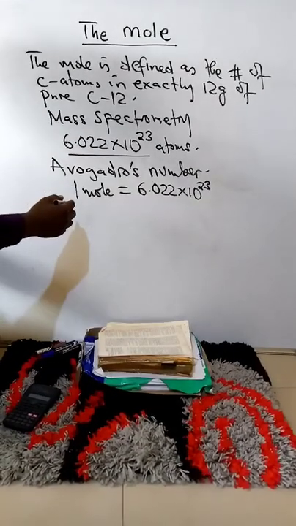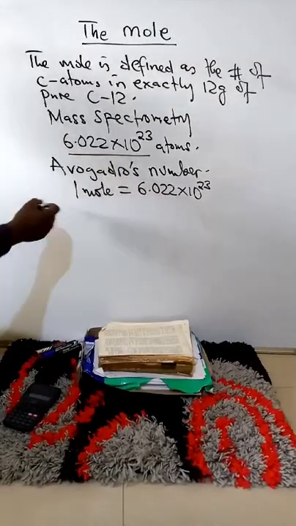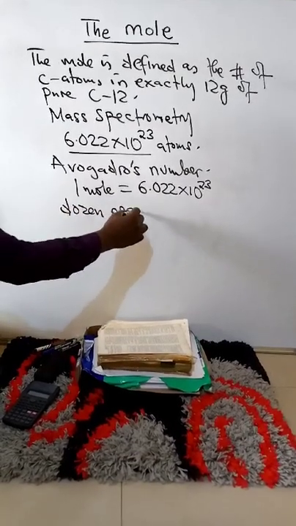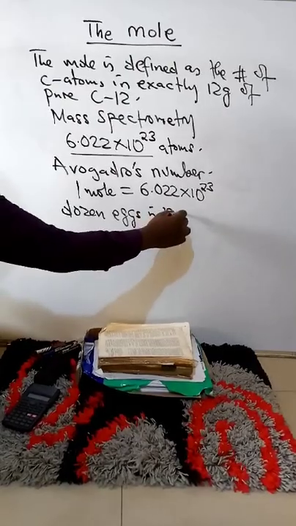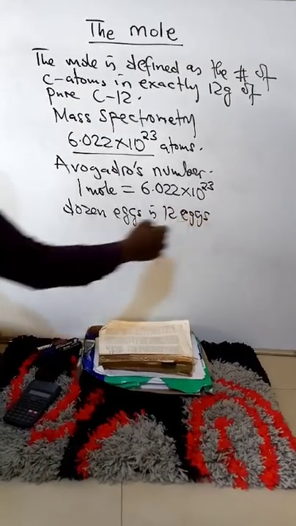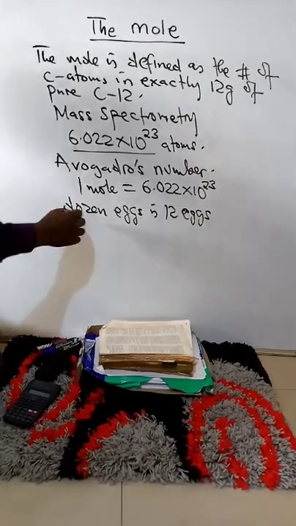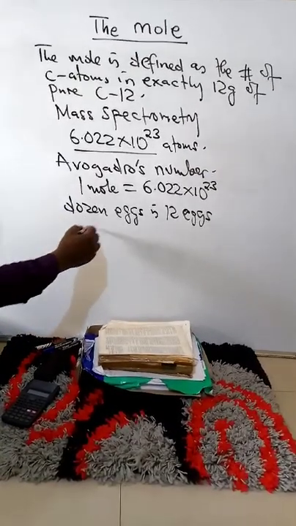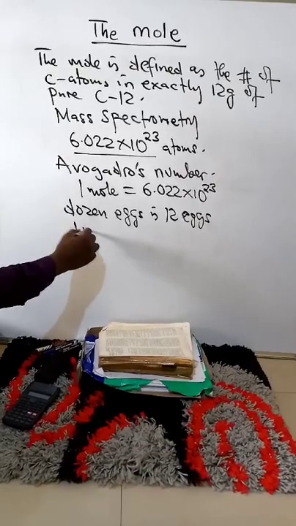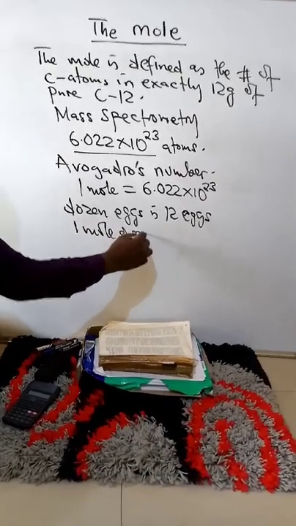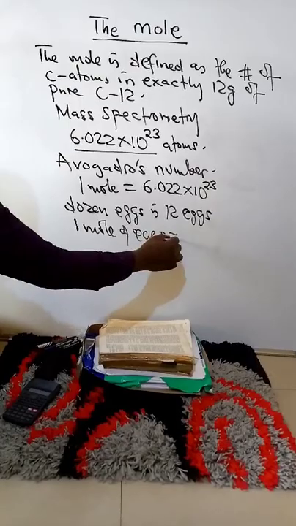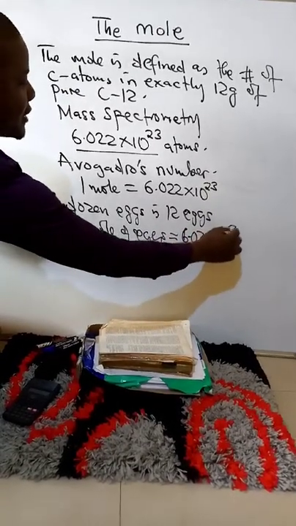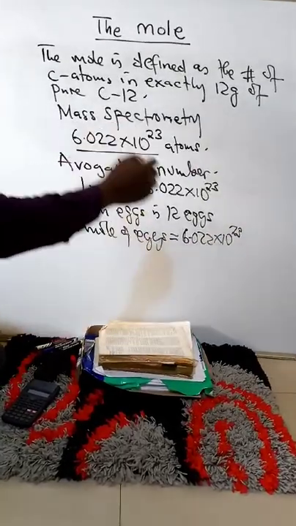Just as a dozen eggs is 12 eggs, a mole of eggs is 6.022 times 10 to the power 23 eggs.